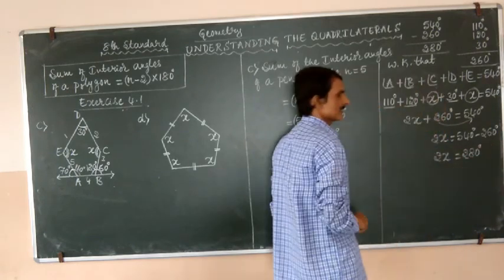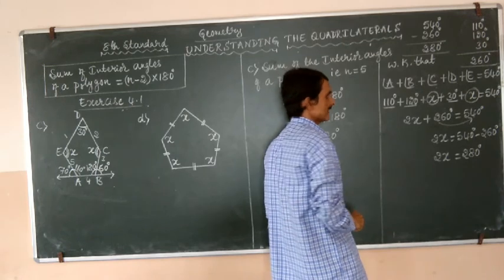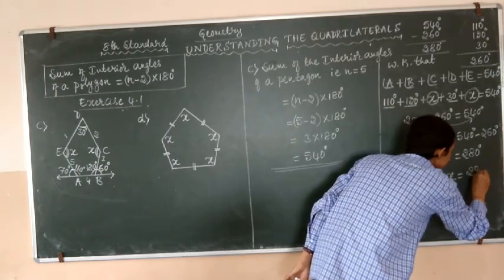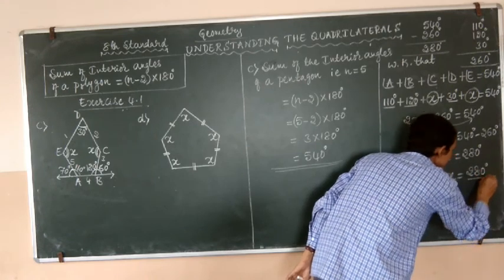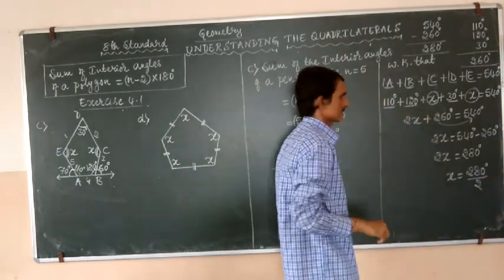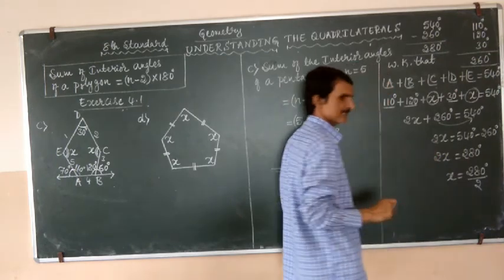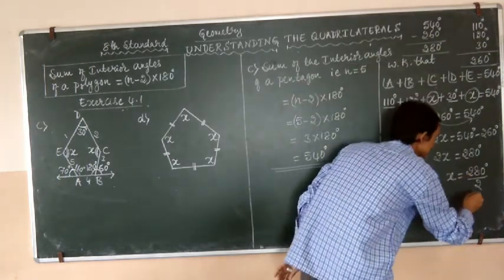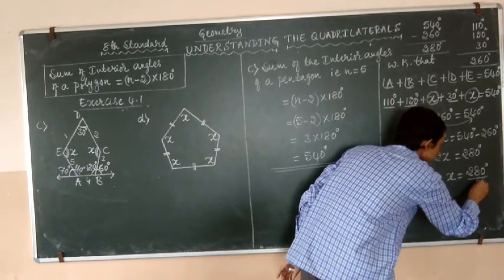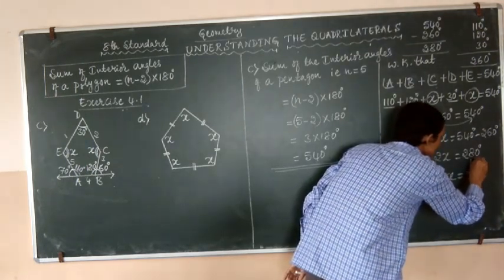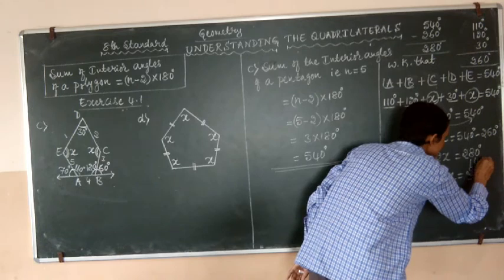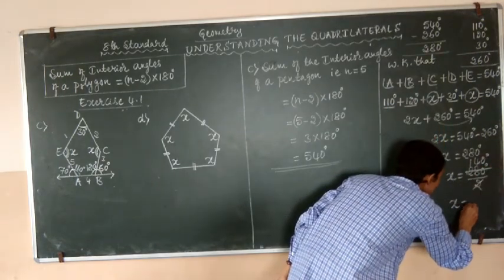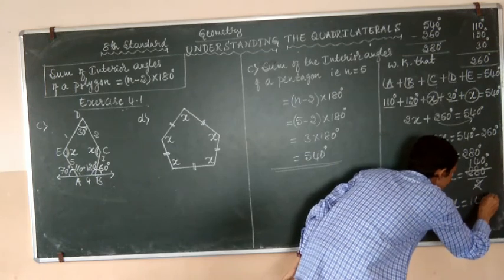2x equals 280 degrees. Now we have to calculate the value of x. Therefore, x equals 280 degrees divided by 2. If you divide, 2 ones are 2, 2 fours are 8, so it will become 140 degrees. x equals 140 degrees.